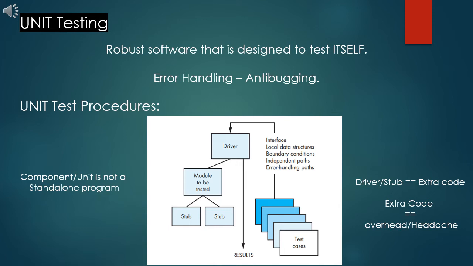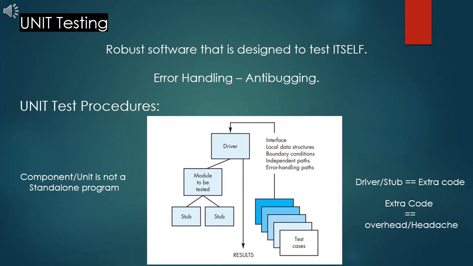Next, stubs. Stubs are nothing but dummy code which serves as a replacement for other modules invoked by the unit under test. As I said earlier, a software unit is not a standalone program; it might be dependent on some other unit.